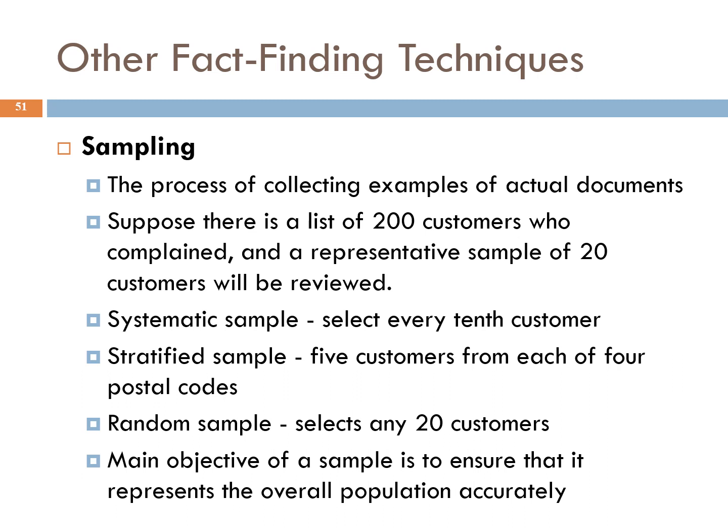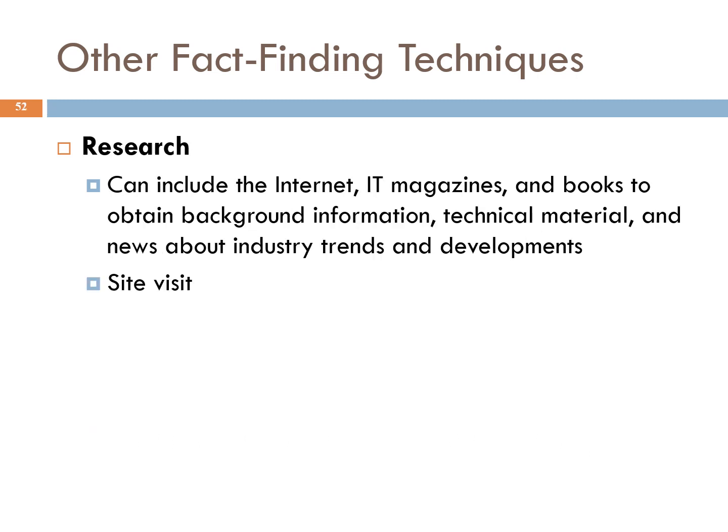The main objective is to make sure that the sample represents the actual or overall population accurately. The next fact-finding technique is research. It can be internet research, books, magazines, and so on.